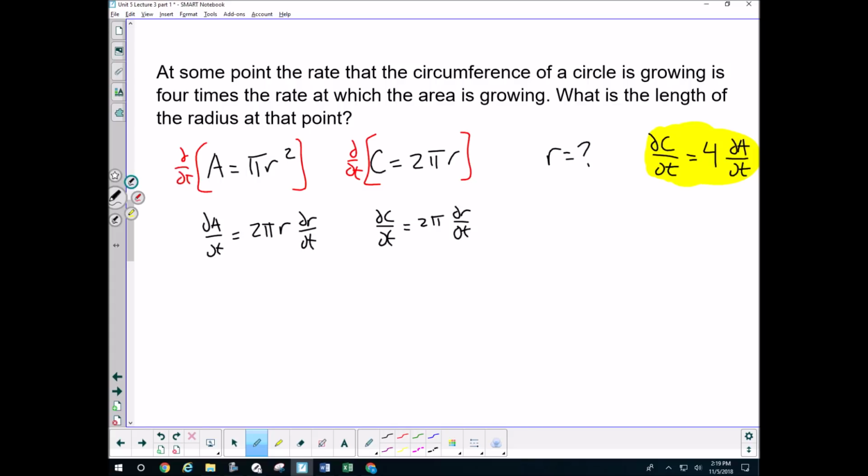Now, multiple things you can do. You can either work with the dA/dt or the dC/dt. Depending on what you choose will lead you down the path to get the right answer. I'm going to just decide to replace dC/dt with 4 dA/dt.